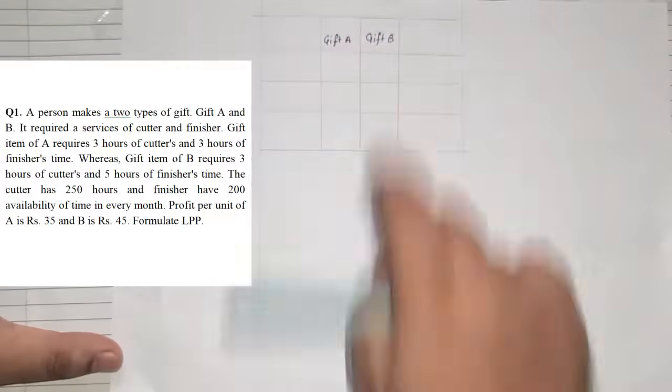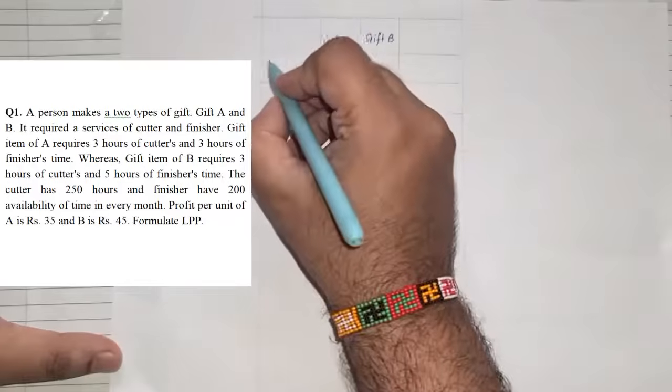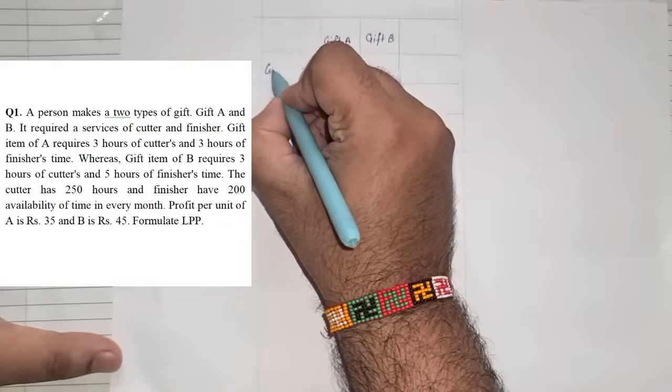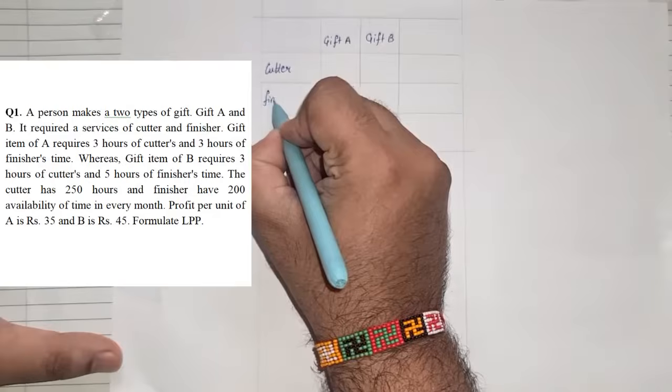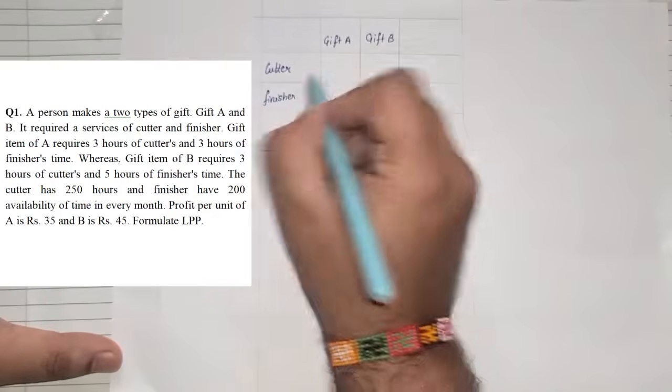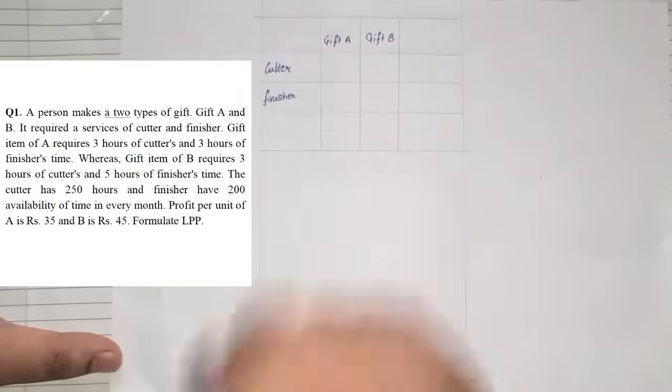After that, it reads that it requires the service of cutter and finisher, so there are 2 types of services, one based on cutter and one based on finisher. Always remember, first note down the 2 products and then the other variables given.